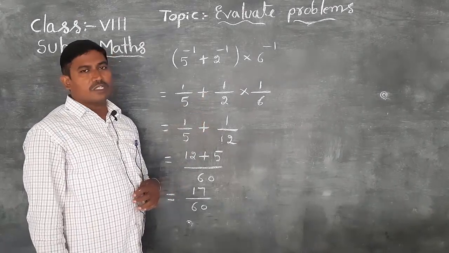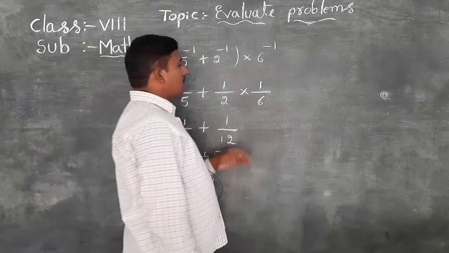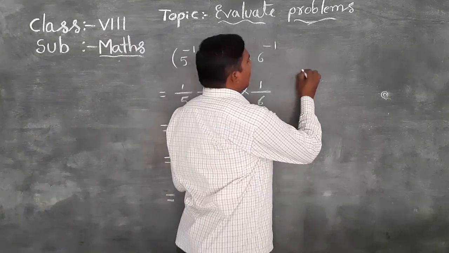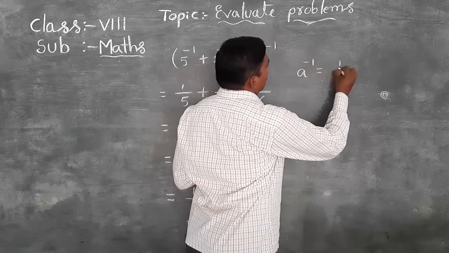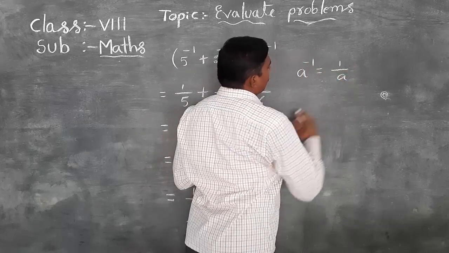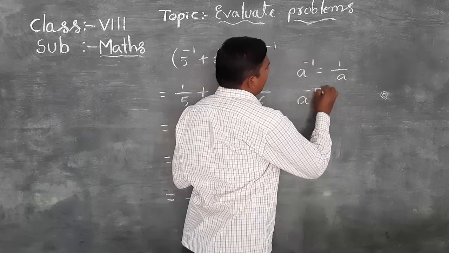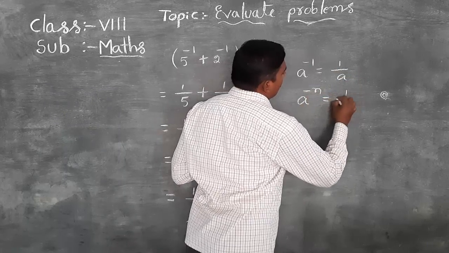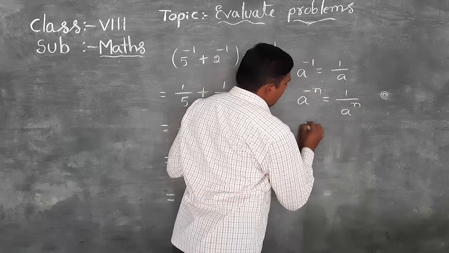Like that problem, we discussed before also. Here we discussed this problem, and for that these formulas came. A inverse is equal to 1 by A. This formula came. And next, A power minus n is equal to 1 by A power n. This formula came.